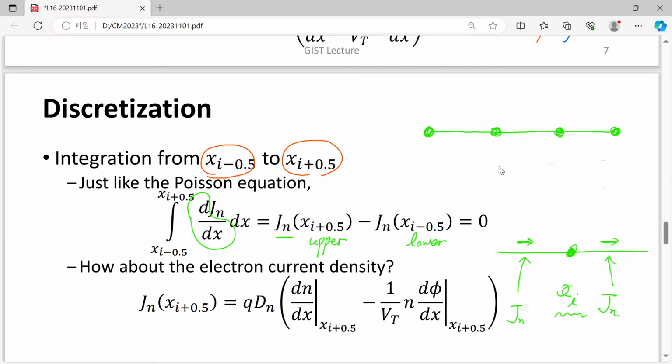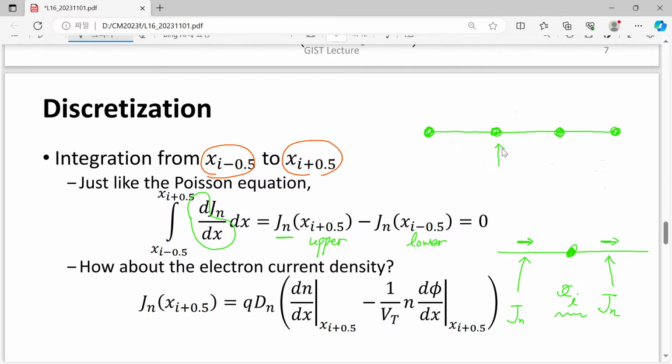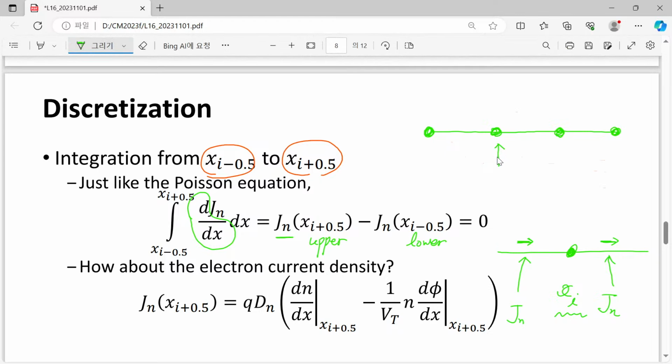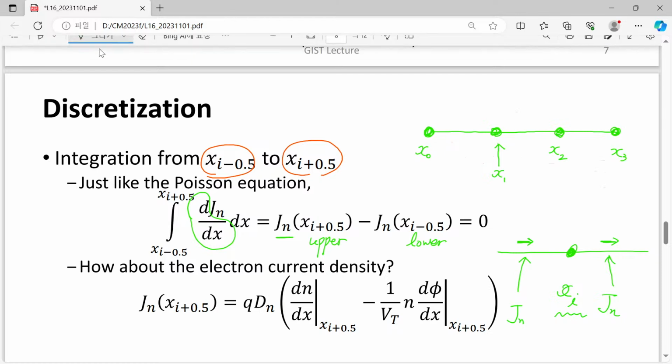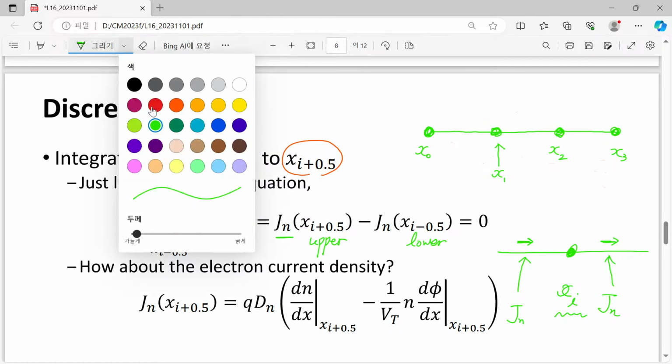Please consider the equation for this second node or first node. For example, let's say x0, x1, x2, x3. Then by applying this continuity equation, what we can get is quite simple.